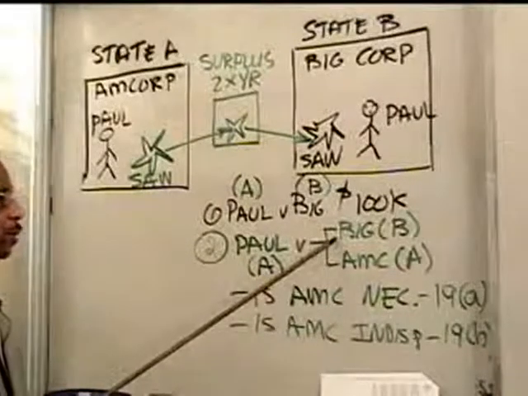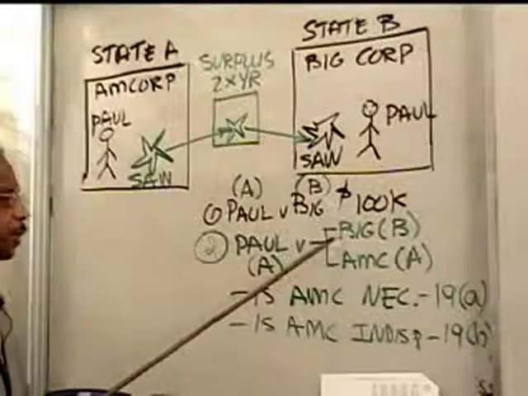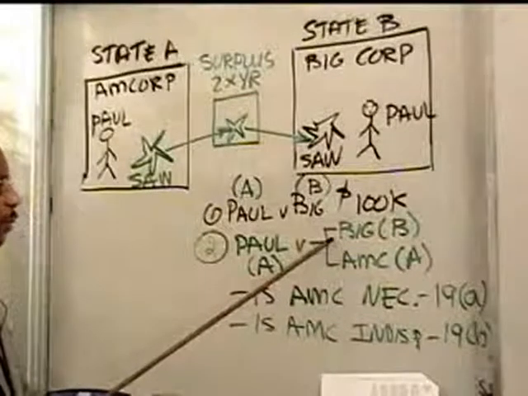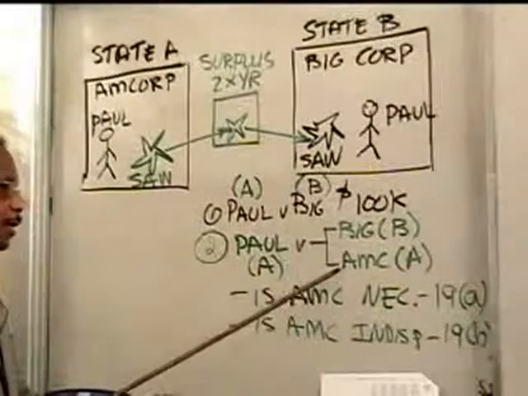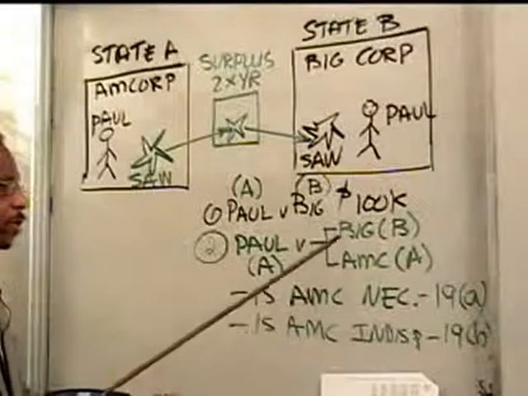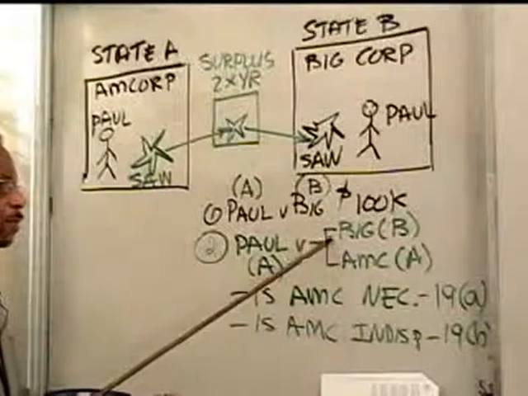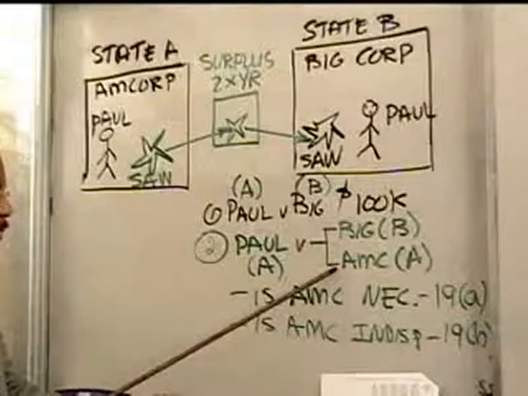Big Corp says, no way. See, Big Corp just wants to get out of the lawsuit altogether. So they're saying the court should dismiss the lawsuit because M Corp is indispensable and Paul can't join. That's basically Big Corp's message.